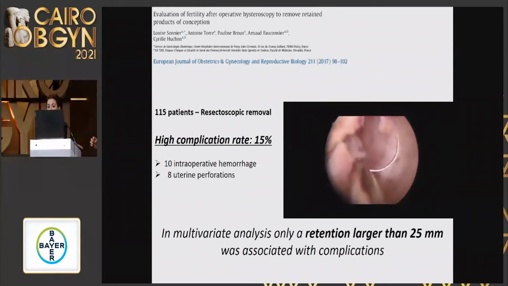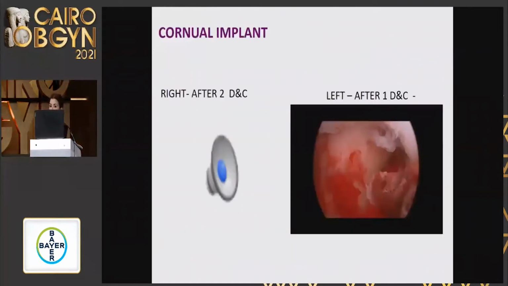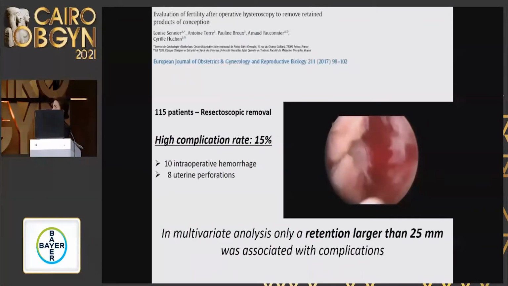I would like to show you how after some DNC procedures, a blind technology, we can also find retained product of conception, but the video doesn't work, sorry.